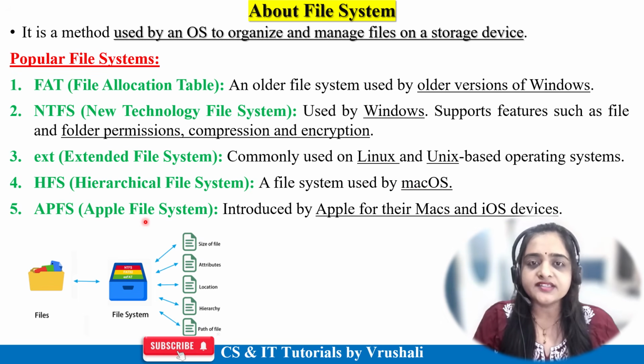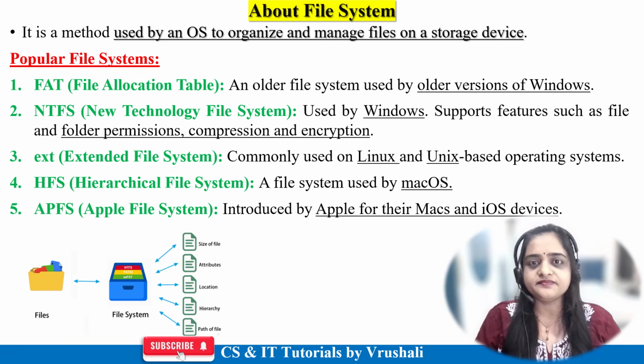Then APFS, that is Apple file system. These were introduced by Apple and are used in Mac and iOS devices. So basically they maintain the complete files. As we know, in our mobile there are multiple files in different formats and different sizes, right? So to maintain all those things, different file systems are used.